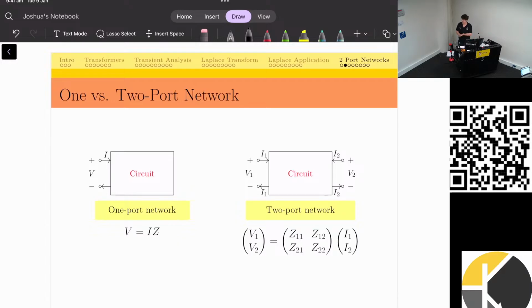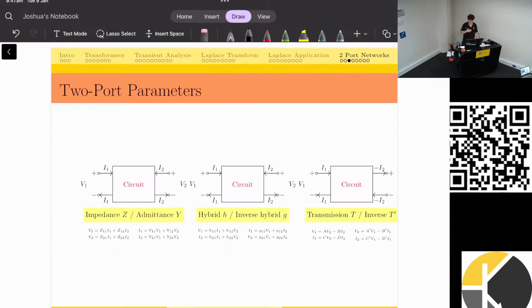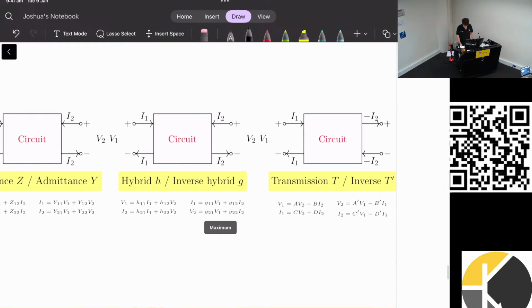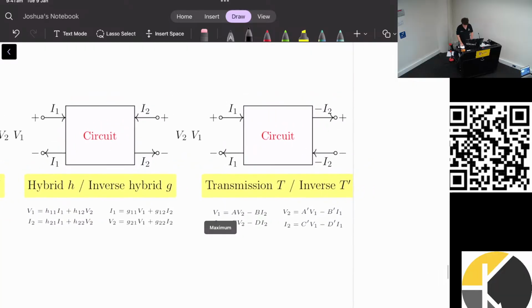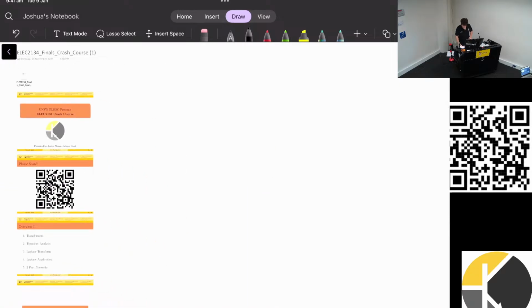Well, it turns out when you have 4 things that you can change, V1, V2, I1, I2, there are 4 variables, so you need 4 different ratios to represent it. There are lots of different ways you can write this, and sometimes it's more or less useful depending on what kind of circuit you have. You can see here impedance, admittance, hybrid and reverse hybrid, and transmission and inverse transmission. Stuff you probably would have seen now.